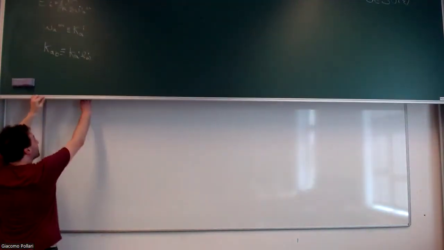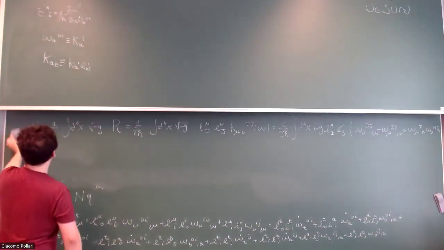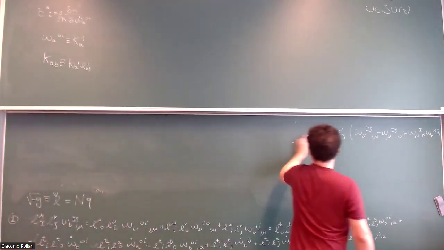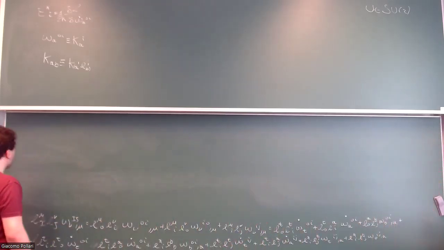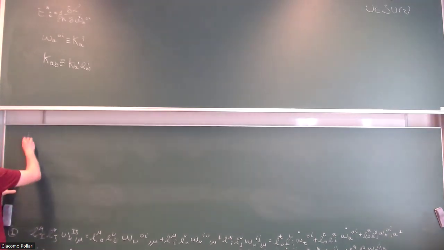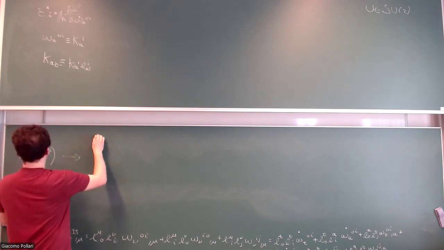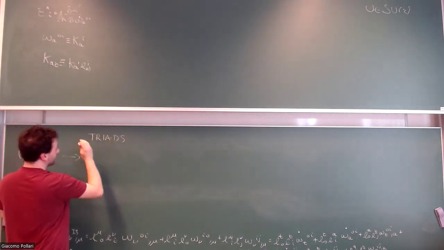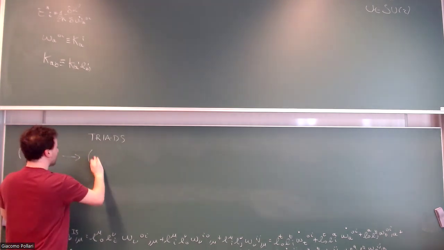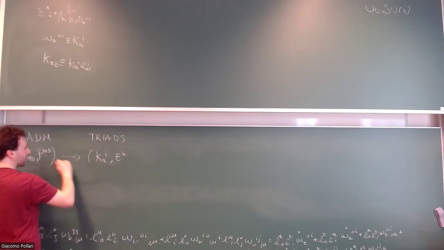So at the end of the day, from the ADM, this is A_i^a and E_a^i.